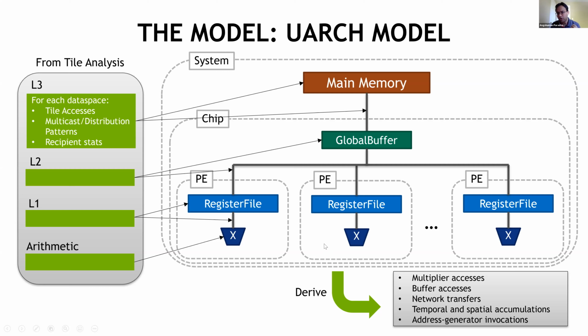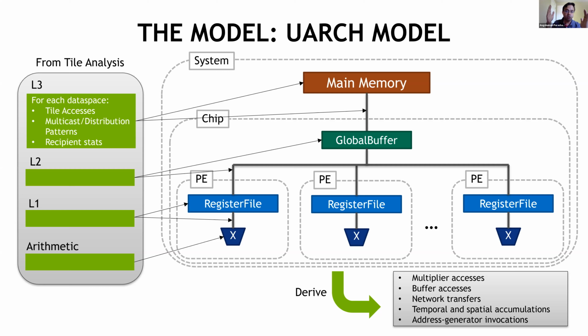And then what the microarchitecture model does is it says, oh, okay, in order to have moved this much data from the main memory to the global buffer, I need to have made this many accesses to the DRAM. So the microarchitecture model is the module that understands microarchitectural attributes. It says, oh, this is DRAM.